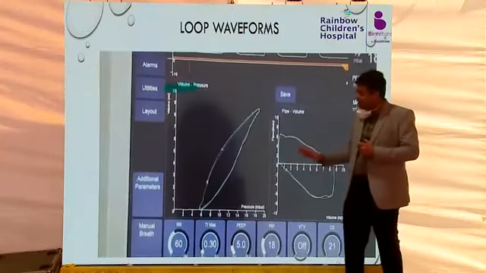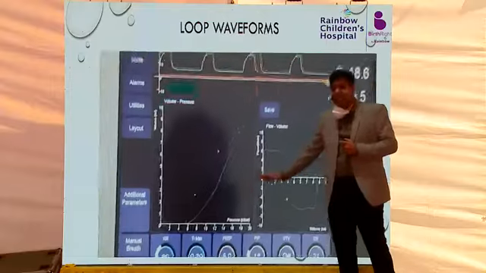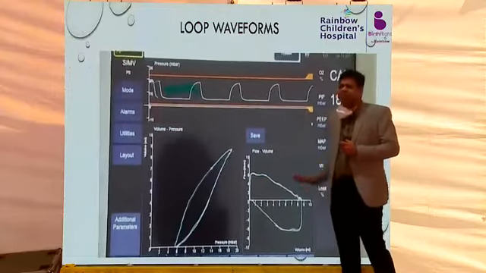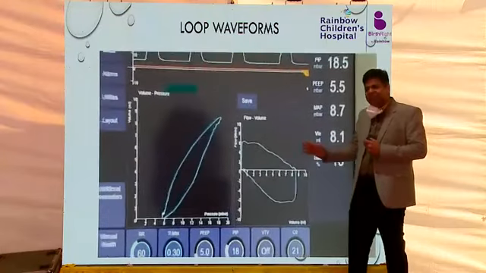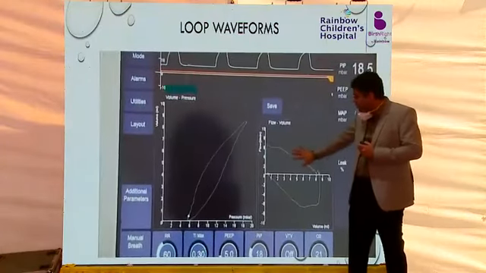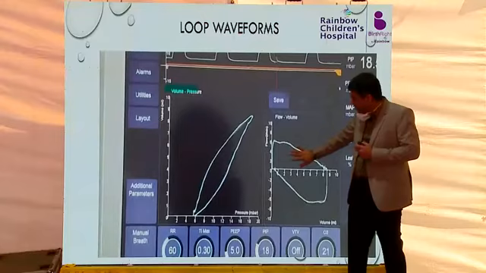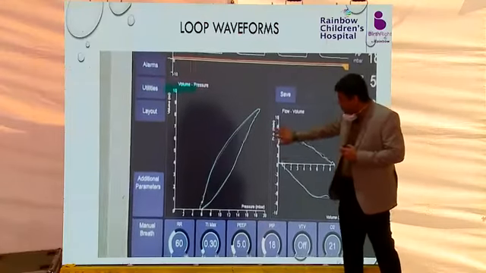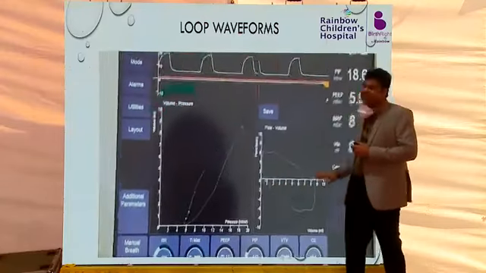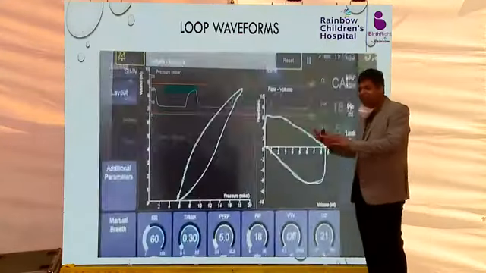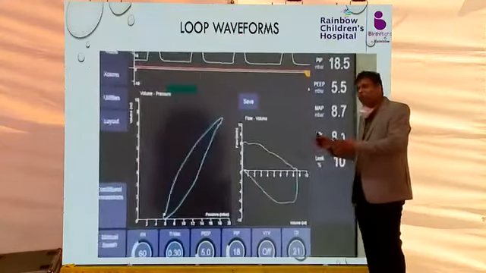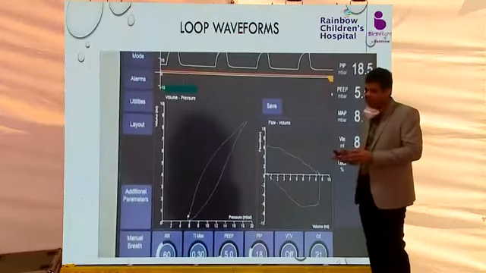By convention, on the x-axis is the pressure and on the y-axis is the volume, and in this flow volume loop, on the y-axis is the flow and x-axis is the volume. So this is the ventilator, you have to remember and imagine it this way.